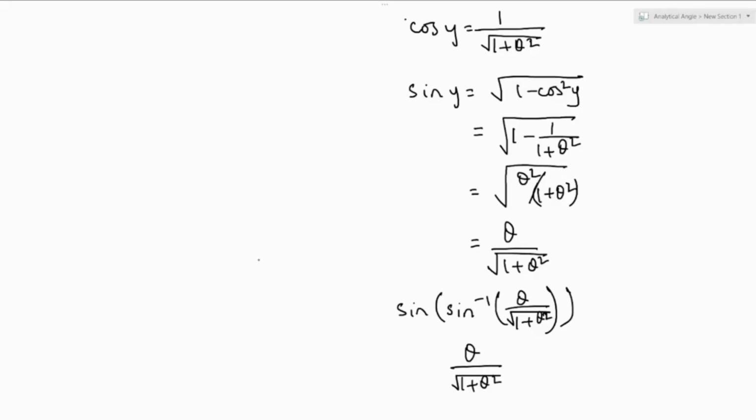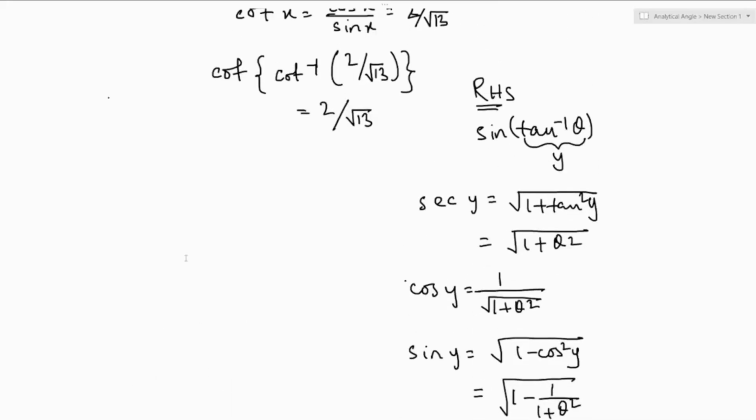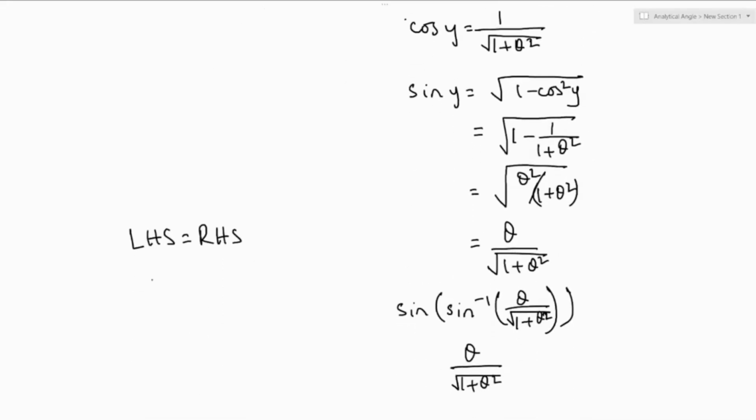Now we just equalize the LHS and RHS to get the answer. Our LHS as we got was 2 by root 13, and the RHS we got is theta by root over 1 plus theta square.